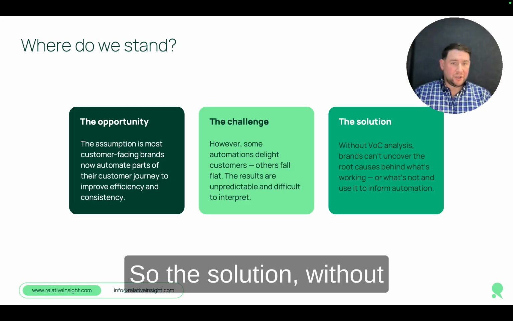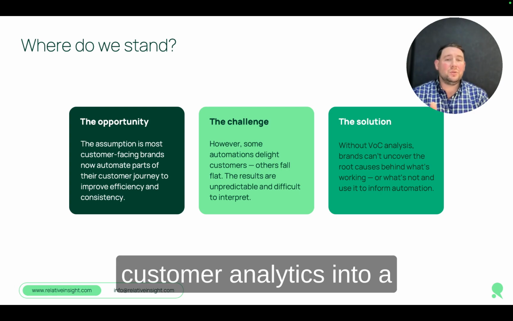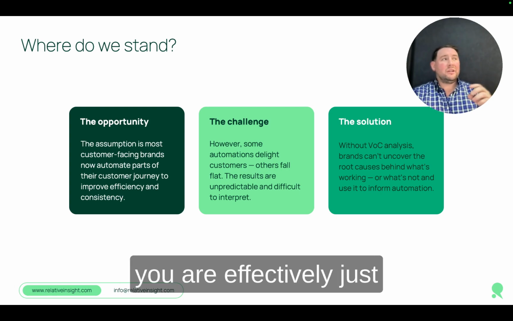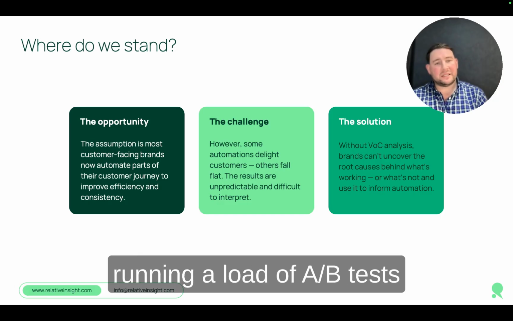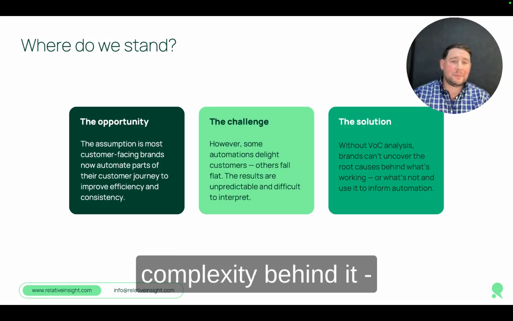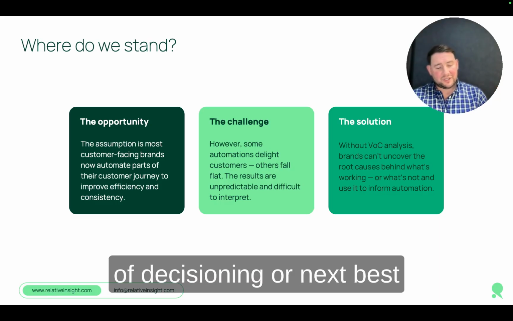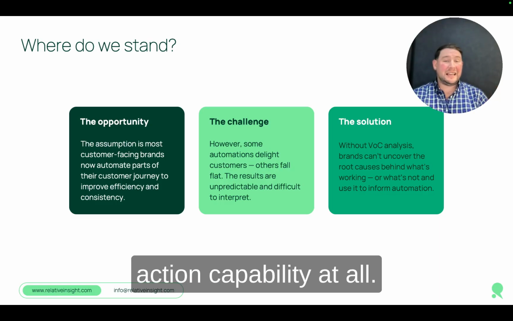So the solution: without bringing voice of the customer analytics into a decisioning program, you are effectively just running a load of A/B tests and working out what sticks, what doesn't. There's a lot of complexity behind it, for sure. And by all means, I'm not diminishing the importance of decisioning or next best action capability at all.